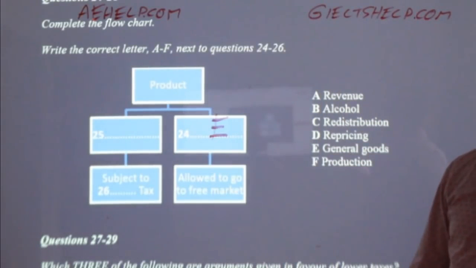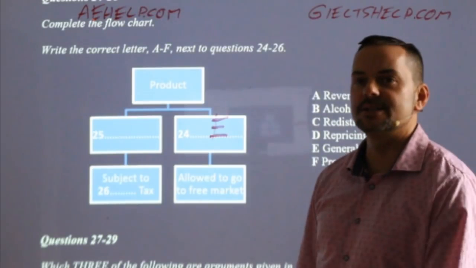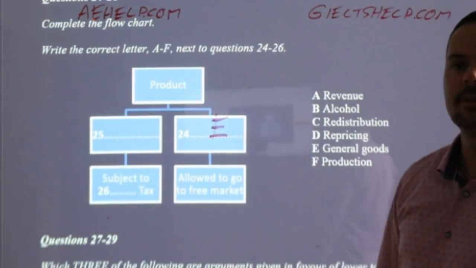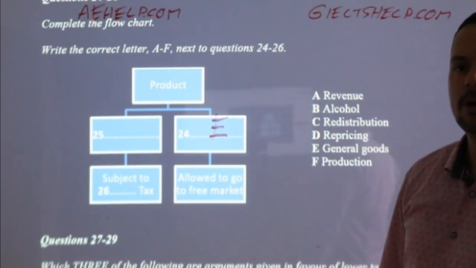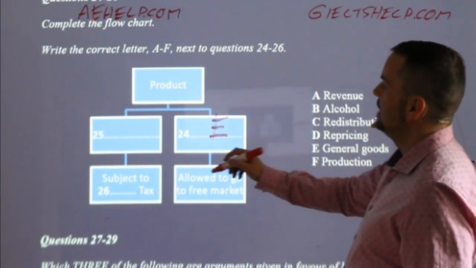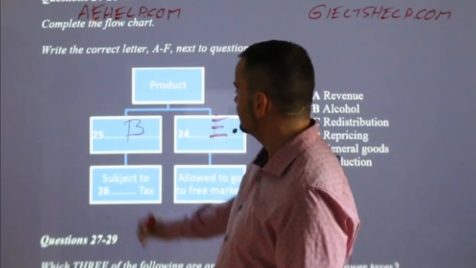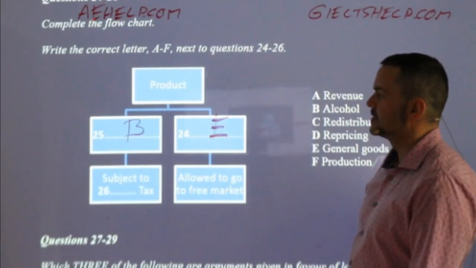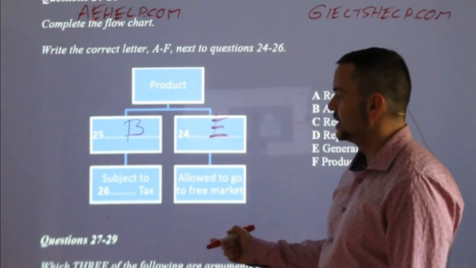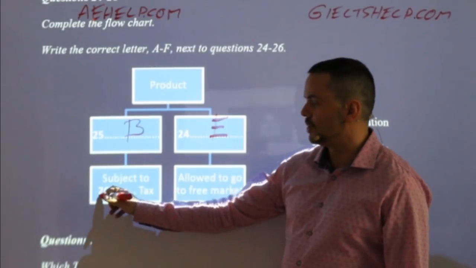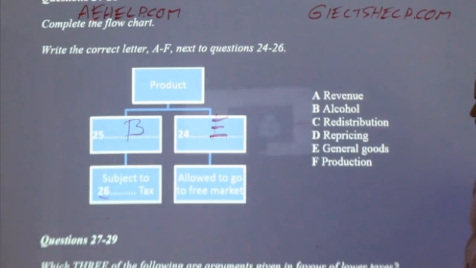Yeah, Kisi, that's a nice way to say it, a simple way to say it. It's a tax system. Thank you, Mustafa. Okay, so you're saying B, alcohol. Yeah, B, alcohol is not allowed to go to the free market. It is subject to what? And I'm sure lots of you got this because you're realizing that that's what it's showing.